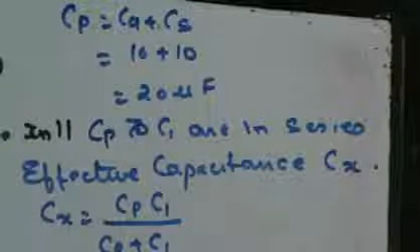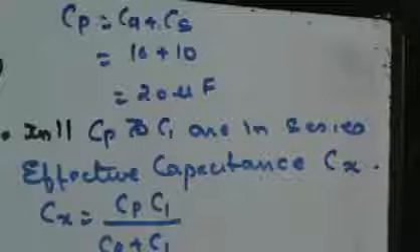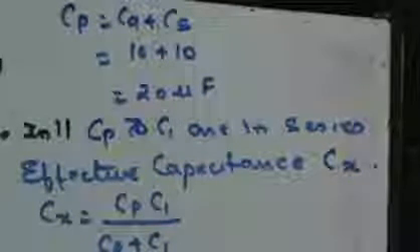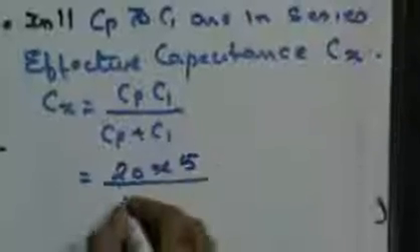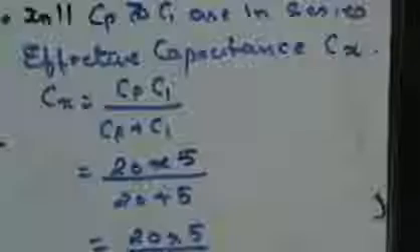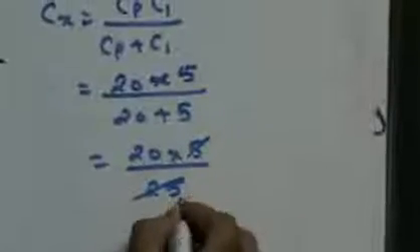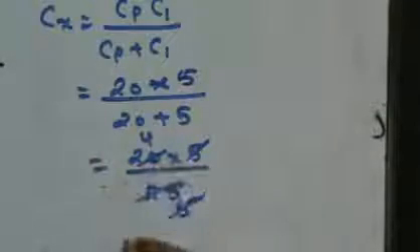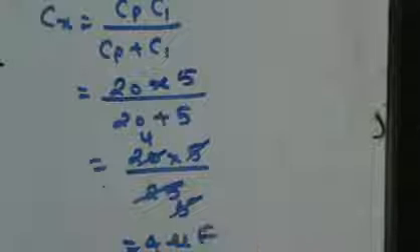Cp you found out as 20, C1 is given to you as 5, upon 20 plus 5. 20 into 5 upon 25 is 4 microfarad.